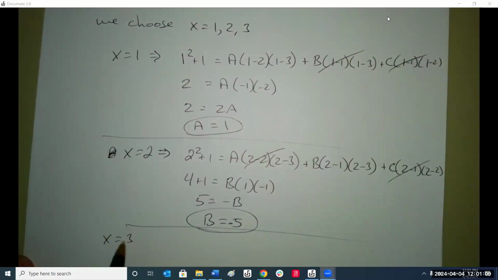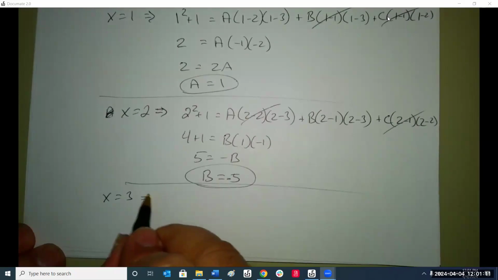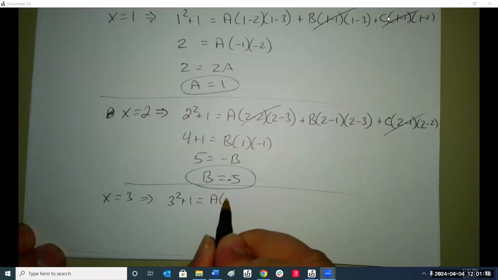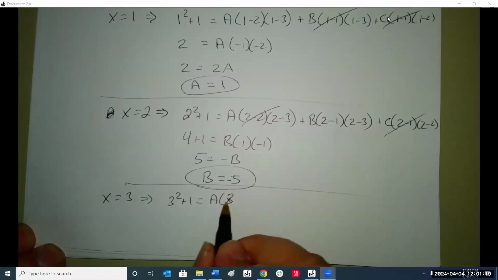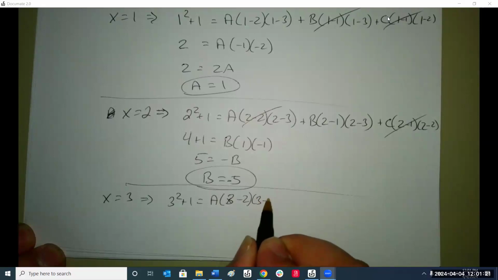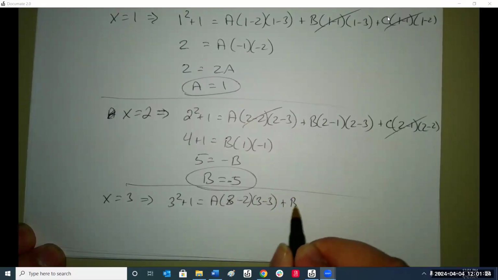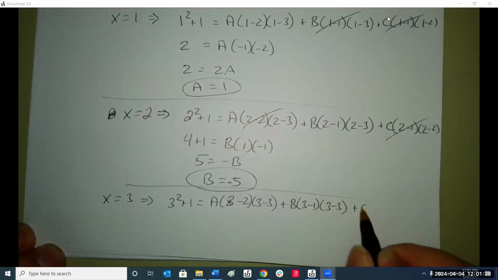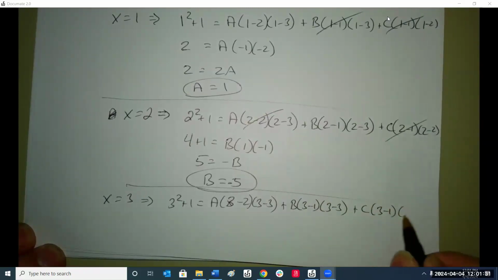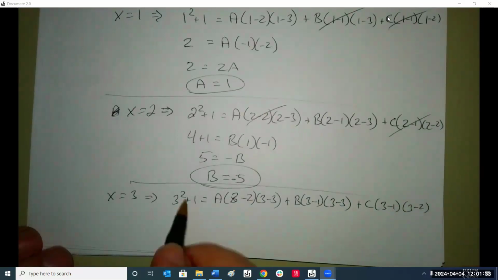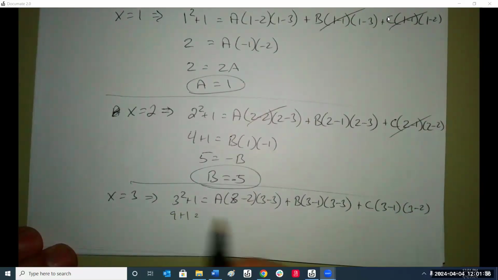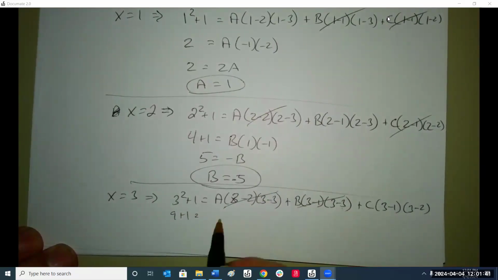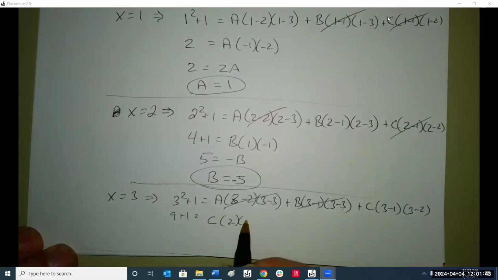And when x equals 3, 3 squared plus 1 equals A(3 minus 2)(3 minus 3) plus B(3 minus 1)(3 minus 3) plus C(3 minus 1)(3 minus 2). 9 plus 1. That goes to 0, 3 minus 3 is 0, 3 minus 3 is 0. 2 times 1.